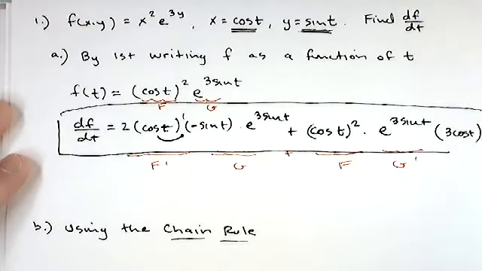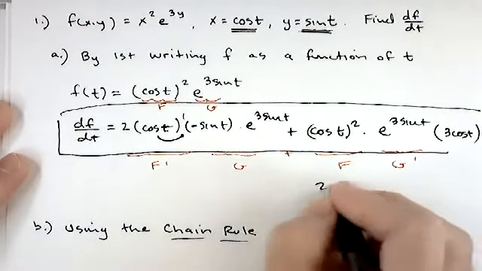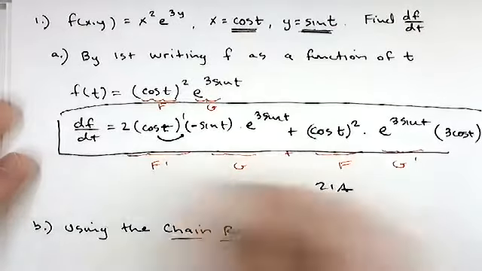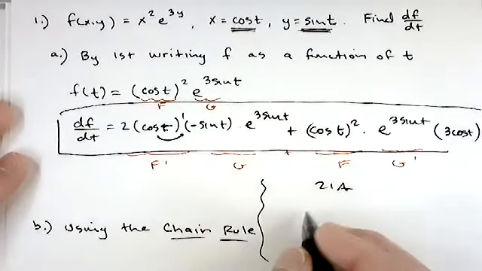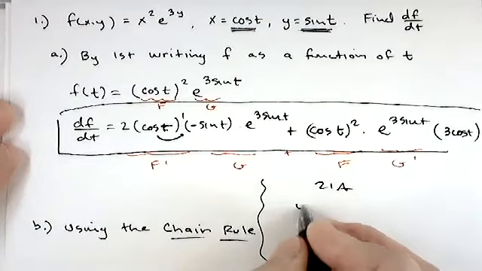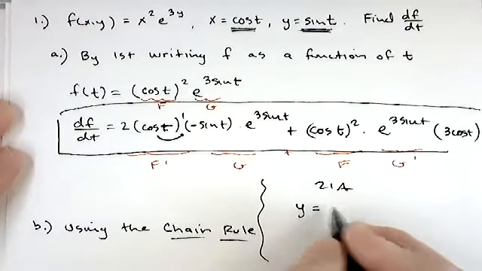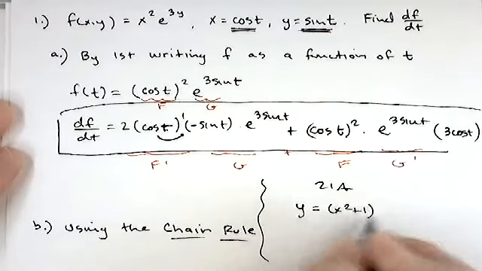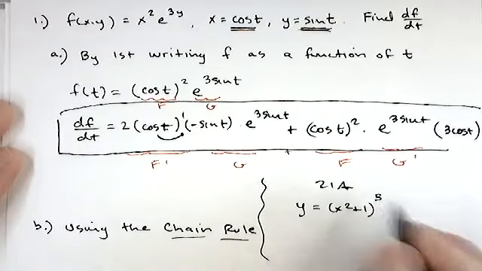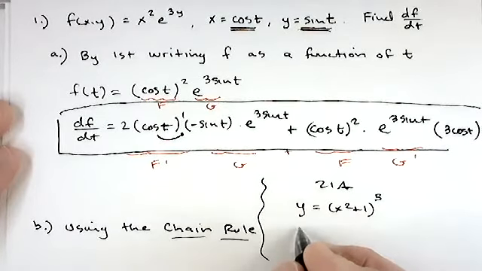If you go back to 21A, I'll use this space right here. And remember, what's a classic chain rule problem? Let's say I had y equals x squared plus 1 to the 5th power. One of the ways to explain the chain rule in 21A was we did a substitution.